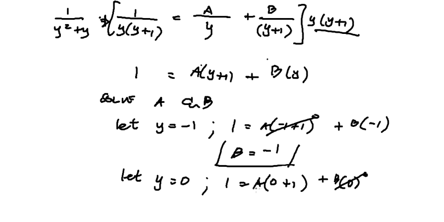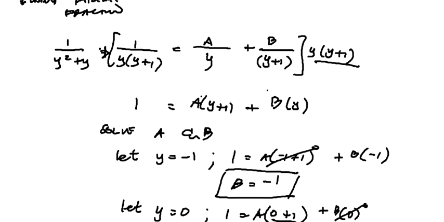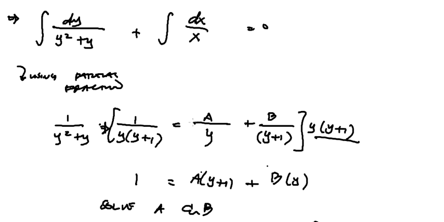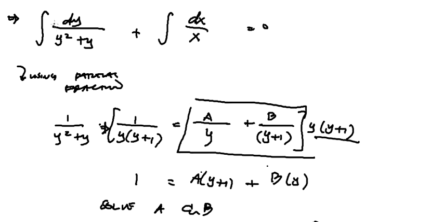From here we have 1 times A is just A, so A is just +1. After getting the values of A and B, we may now go back to our partial fractions and integrate this part instead of this one.